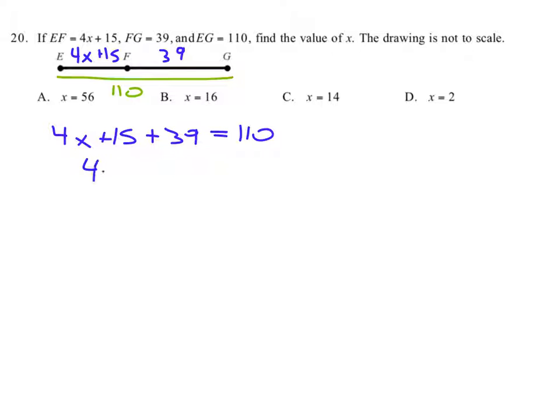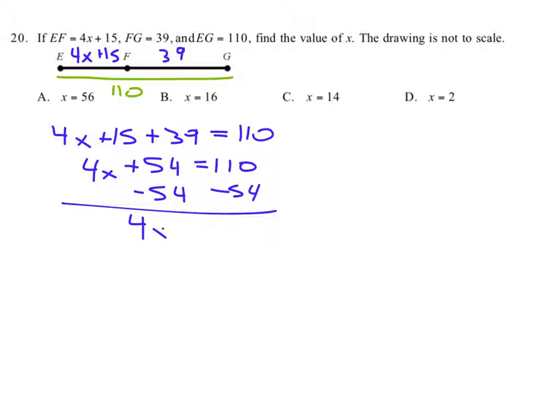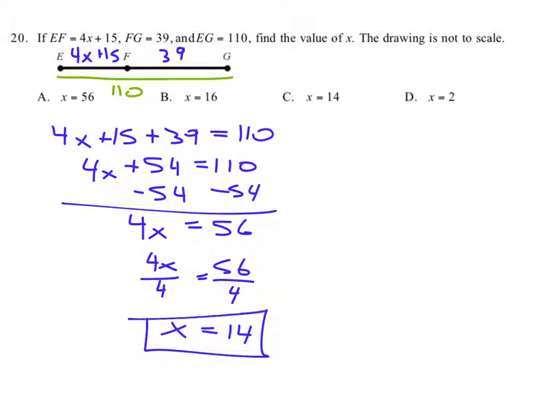And so we combine like terms, 4x plus 54 equals 110, and we subtract 54, and we get 4x is equal to 56, and X then is equal to 14.